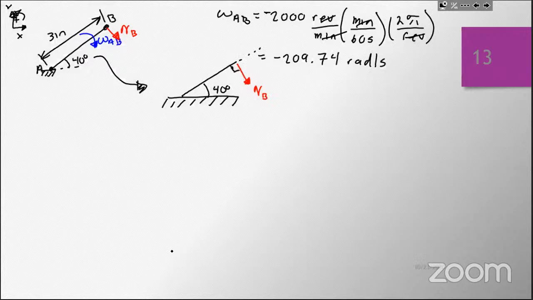If I extend this upward and make a flat line there, this would also be 40 degrees, because it's still 40 degrees from the horizontal no matter where we are. But then this angle in here is now alpha. And what's alpha? Alpha is 180 degrees minus 90 minus 40, so it is 50 degrees.